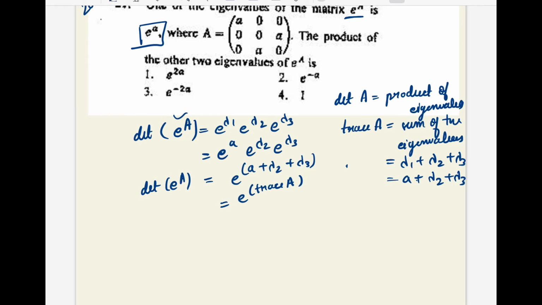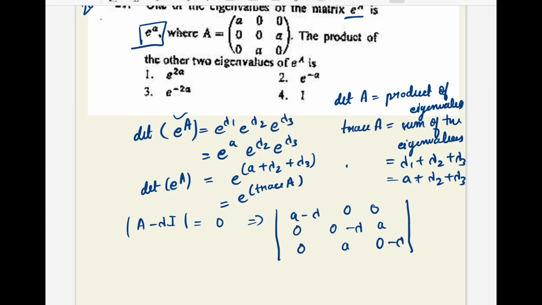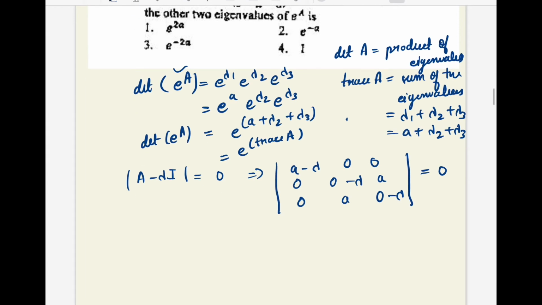This becomes determinant of A minus lambda I equals 0. Okay, A minus lambda, 0, 0, 0, 0, minus lambda, a, 0, minus lambda is equal to 0. This becomes A minus lambda multiplied by minus lambda minus a square.